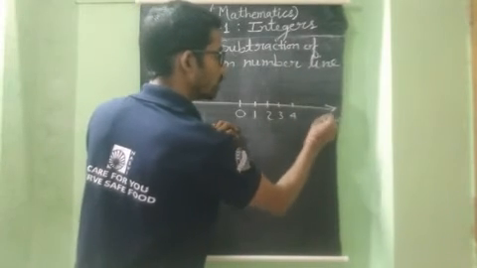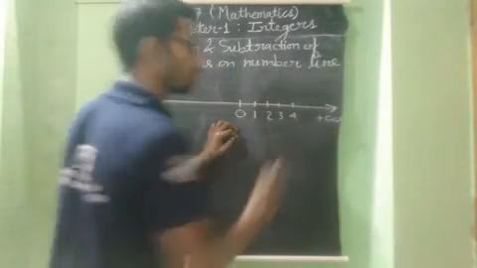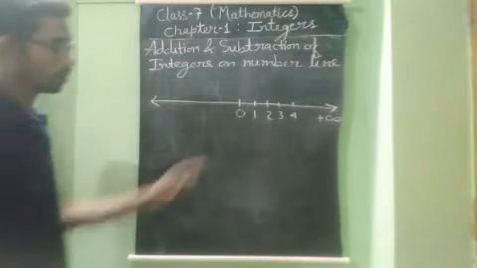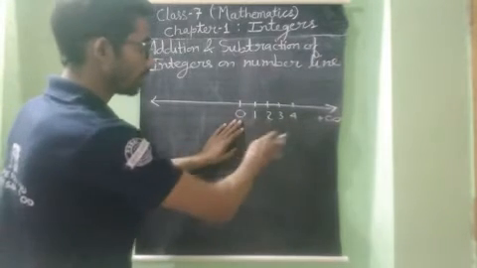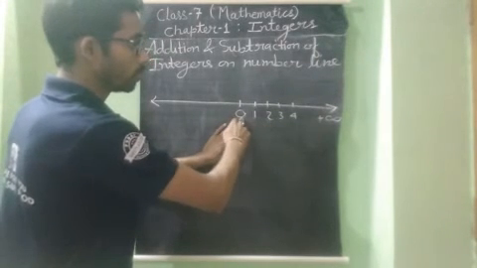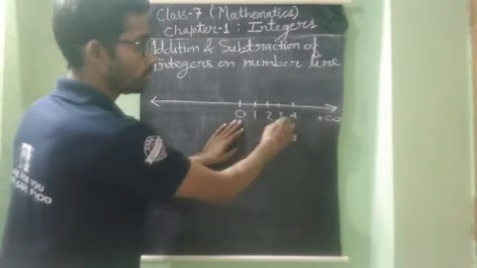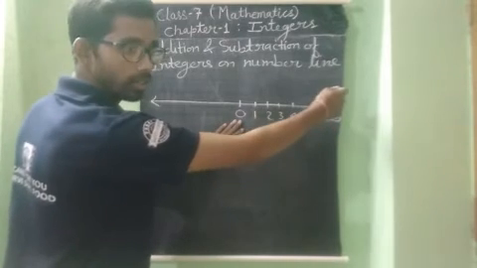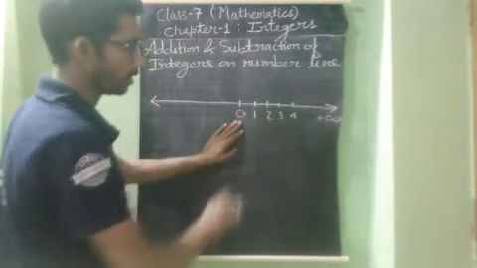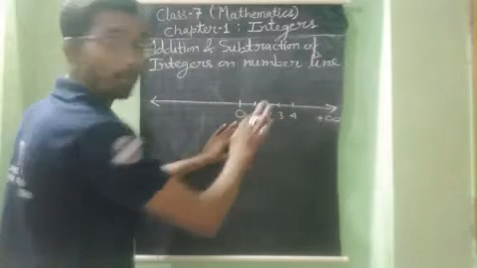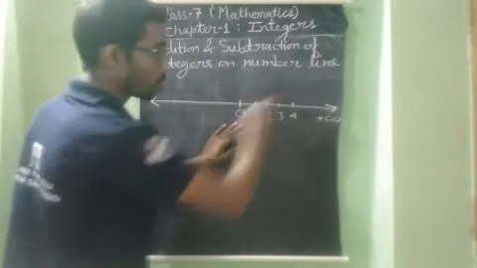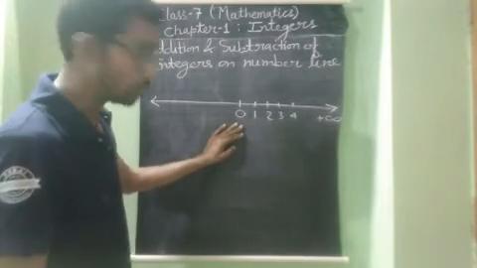At last, infinite means plus infinite. On right side of 0, we plot 1, 2, 3, 4, 5, 6, 7, 8, 9, 10, and so on, plus infinite. These all numbers are positive, so these numbers are called positive integers.